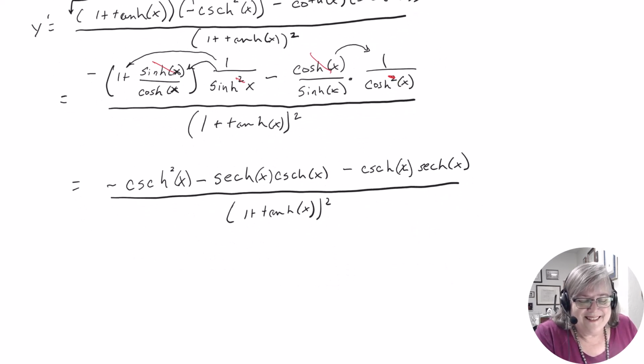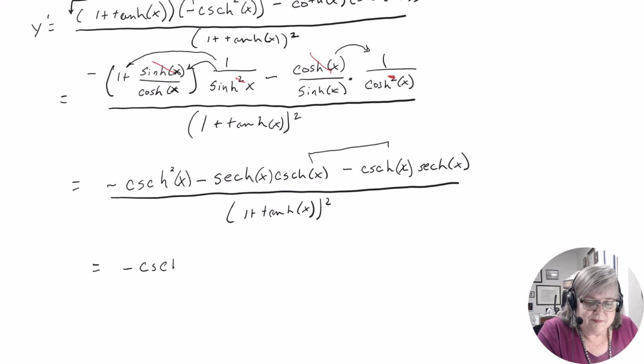All right, so let's see. These two are the same, just switched around, so I have 2 of those. Let's put the cosecant in the front, hyperbolic cosecant.